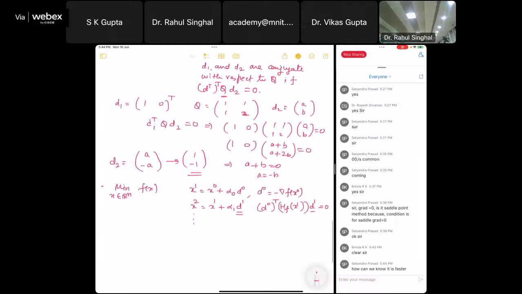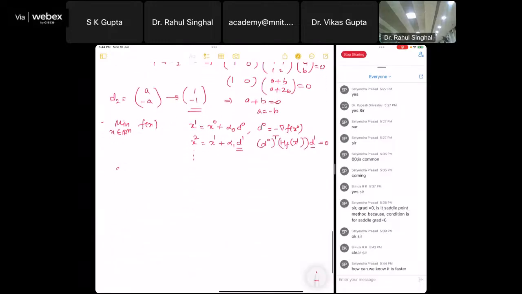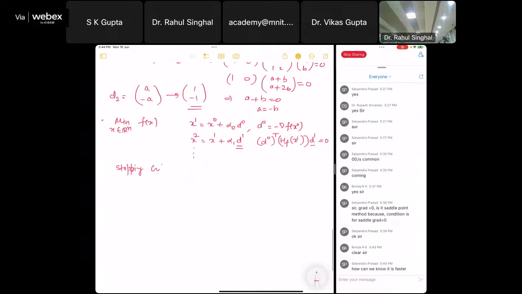Again, the stopping criteria will remain the same: either the norm of x(k+1) minus x(k) is less than epsilon, or the norm of f(x(k+1)) minus f(x(k)) is less than delta. The stopping criteria remain the same. Any doubt up to here?